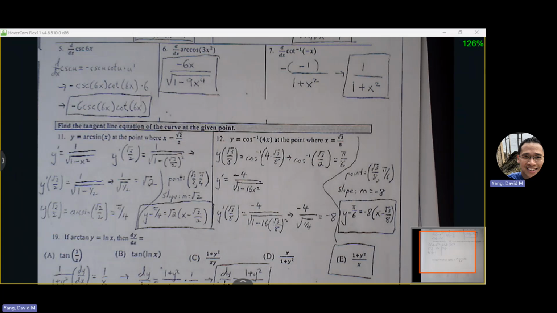In 11, there's an additional step of finding not only the derivatives, but then from the derivative, you need to find the slope. From the function, you need to find the ordered pair, and then do point slope form.